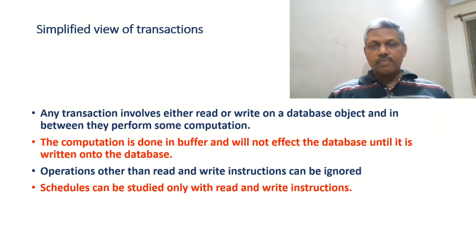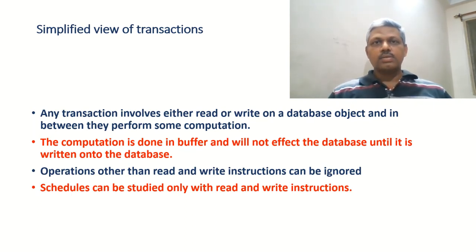Again, if two transactions are operating on the same database object, then the problem arises. What are the conditions under which inconsistency may be affected? There are four possibilities here.